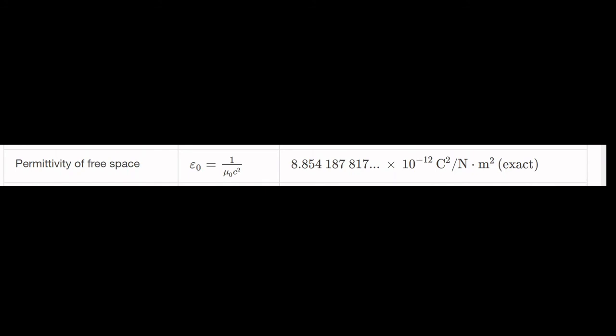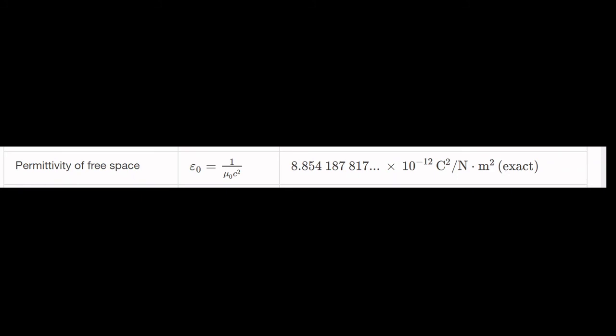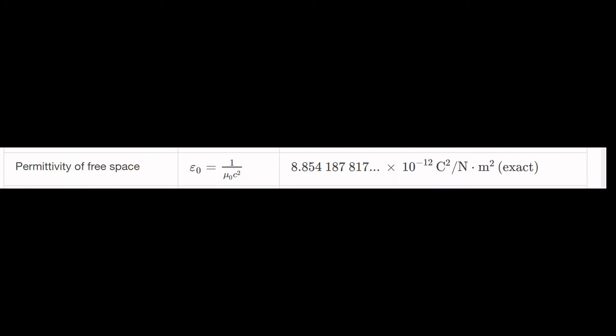So now I need to deliver on telling you the values of the epsilon 0 constant and Coulomb's constant. So here we have the permittivity of free space right here, and that is epsilon 0.